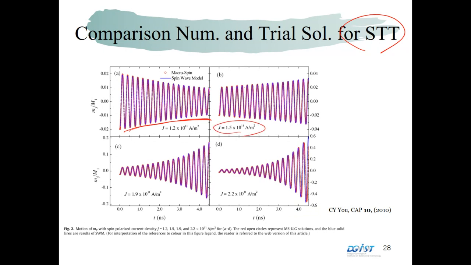When the STT effect overcomes the damping, the energy gets larger and larger through the oscillation, and with even higher current density, the anti-damping effect gets larger, and instability can be achieved faster. So that means the switching can occur. Is it clear?